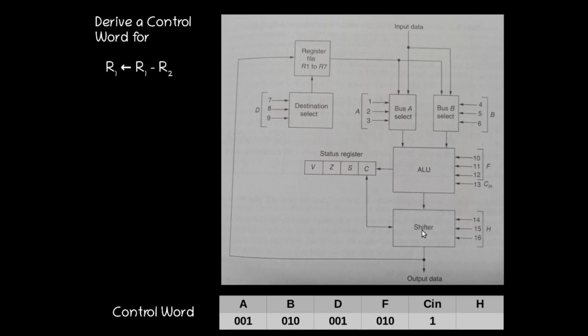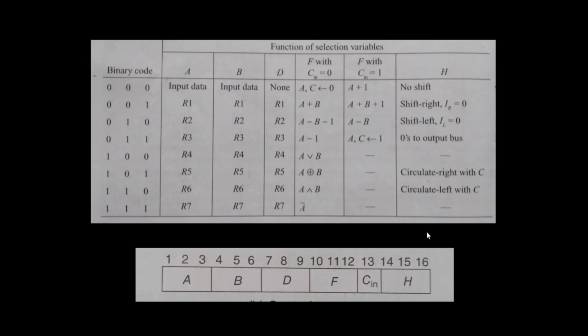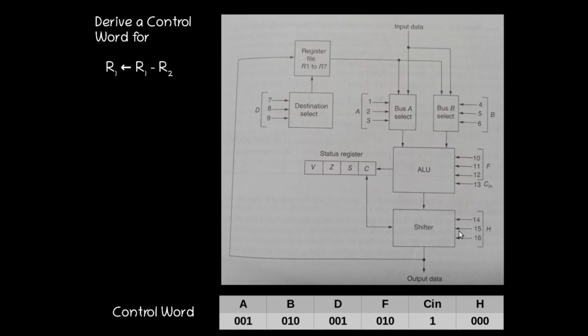Then there is no shift involved, so we have to select no shift. For that purpose we have to give 000 as the H input to the shifter. So this is the control word corresponding to the operation R1 gives R1 minus R2.